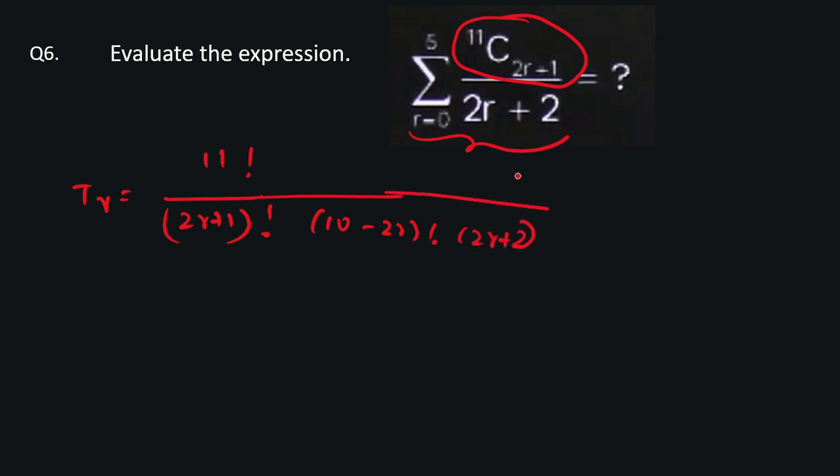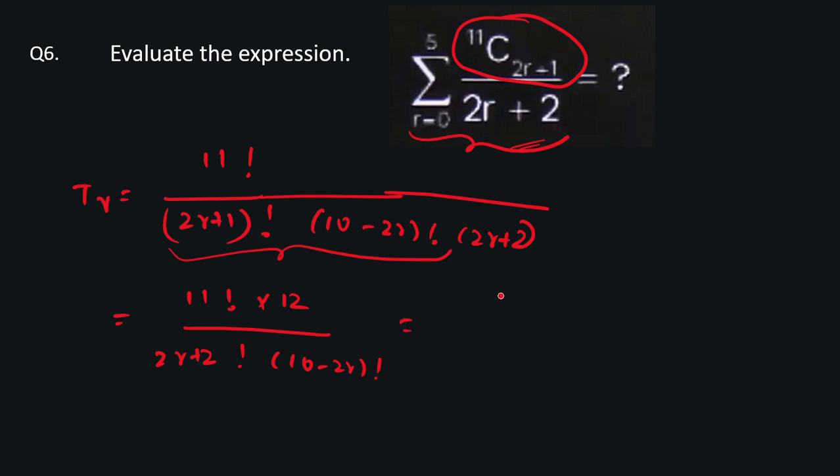This 2r plus 2 is the denominator. Now, if we expand this expression, we get 11 factorial into 12 by 2r plus 2 factorial into 10 minus 2r factorial.